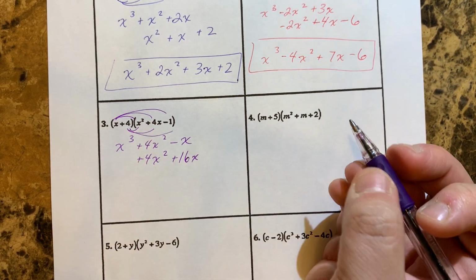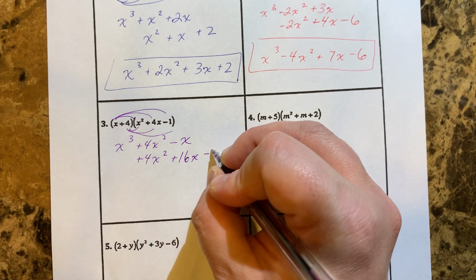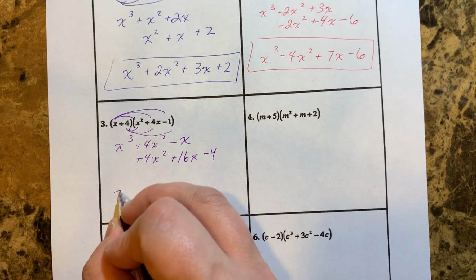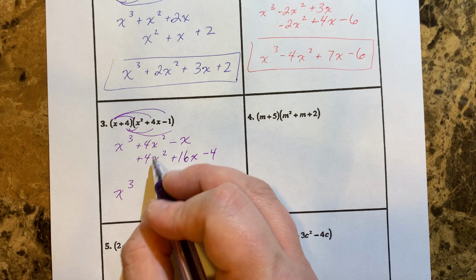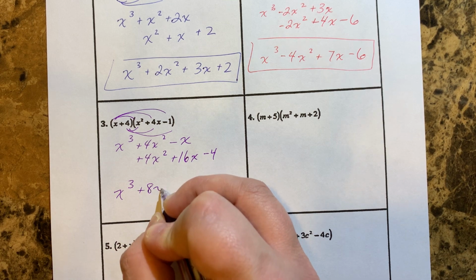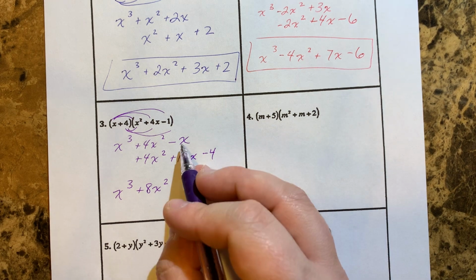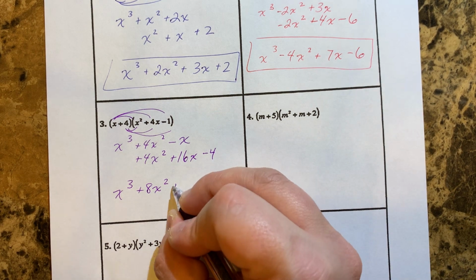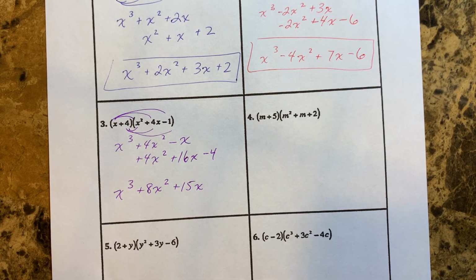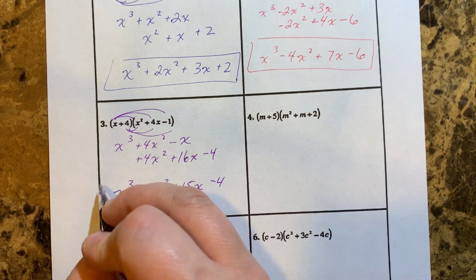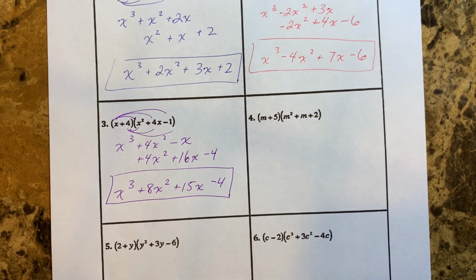And 4 times negative 1 is going to be negative 4. So I have an x cubed. Sorry, 4x squared plus 4x squared is 8x squared. Negative 1x plus 16x is positive 15x. And we have the negative 4. So there's our final answer for that one.